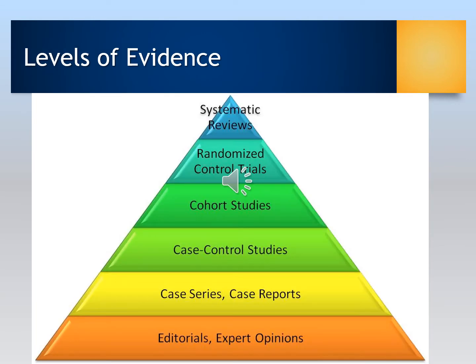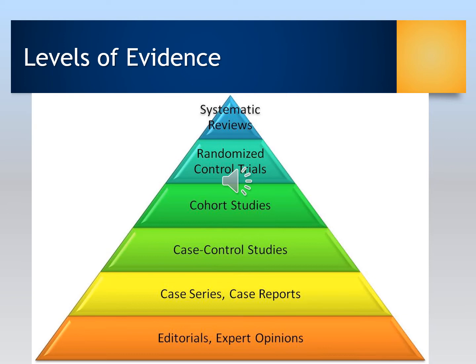So when we look more specifically at those two types of evidence, we can again arrange them in a hierarchy. And this hierarchy is one example of how they can be stacked against each other. You may see differences in different publications, but this is just one way of looking at levels of evidence.